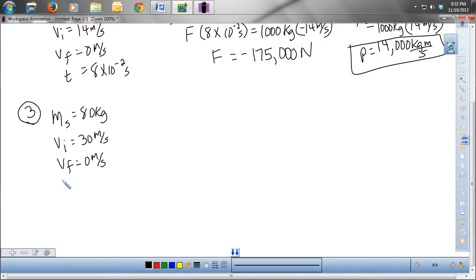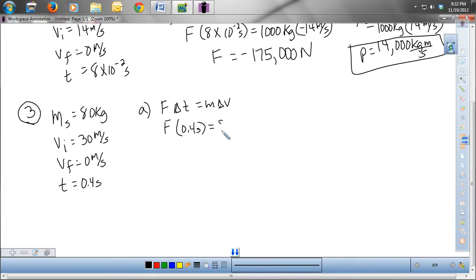And we have 2 conditions. We have a condition where she's going to have the seat belt exert a force on her, and then have the windshield exert a force on her. So if the seat belt stops her, the time is 0.4 seconds. They want to know what is the force when the seat belt stops her. So F delta T equals M delta V. Delta T is my 0.4 seconds.